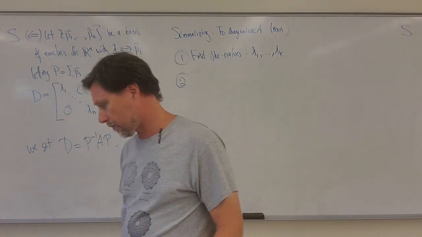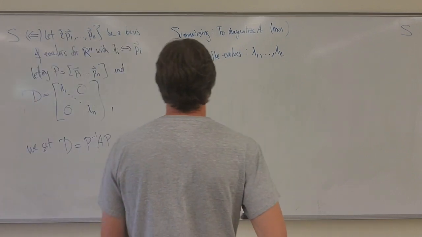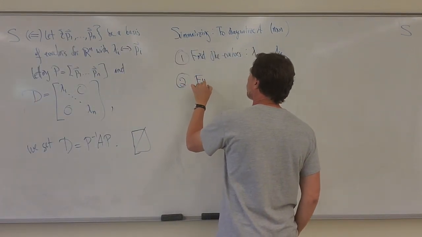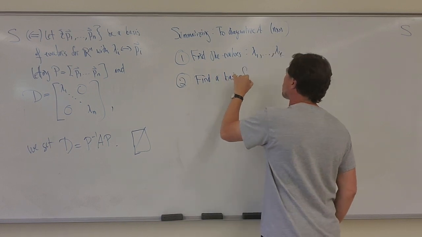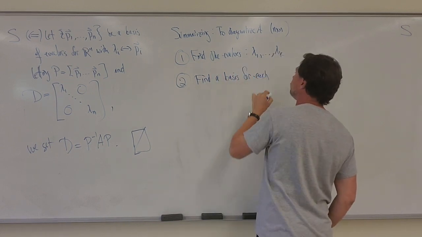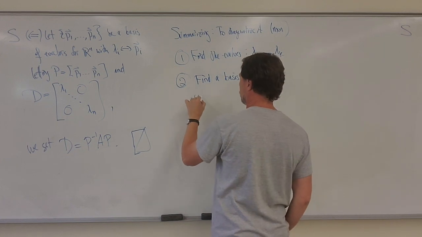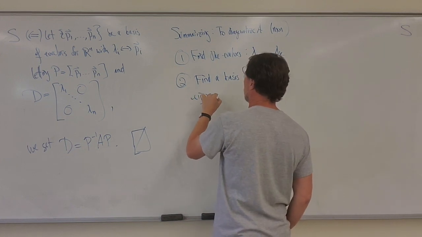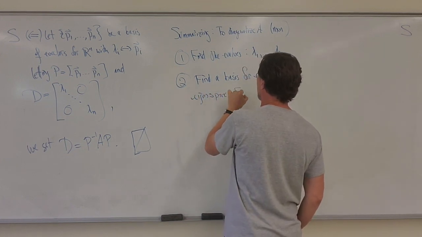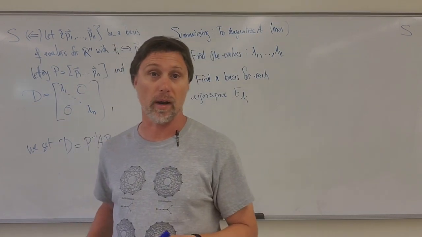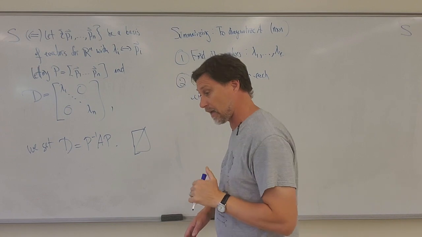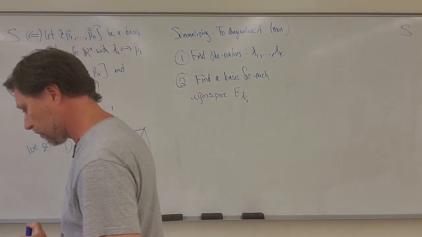The next step is to find a basis for each eigenspace, E sub lambda i. So there will be an eigenspace E sub lambda 1. Find a basis. We learned how to do that last time: find the eigenvectors.